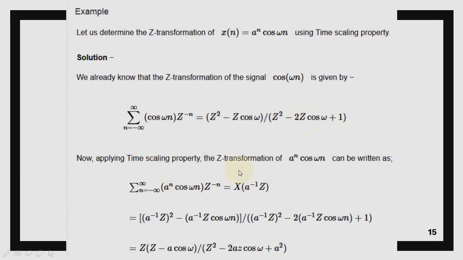So applying the time scaling property, a raised to n cos of omega n, it becomes x of a raised to minus 1 z. So it becomes z into z minus a into cos omega divided by z square minus 2az cos omega plus a square. So simply multiplying a to the coefficients of z.